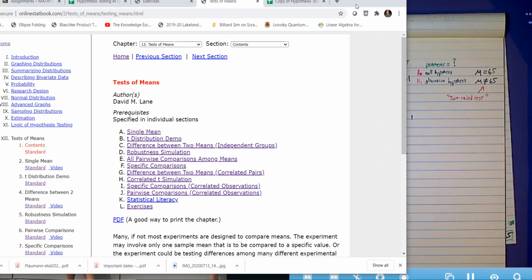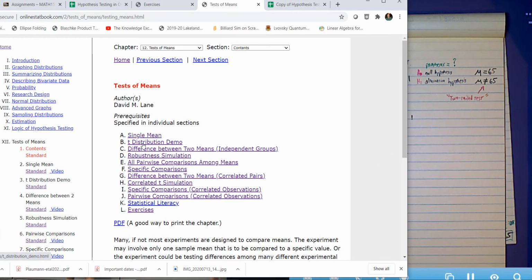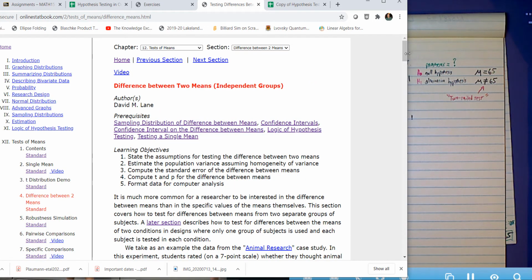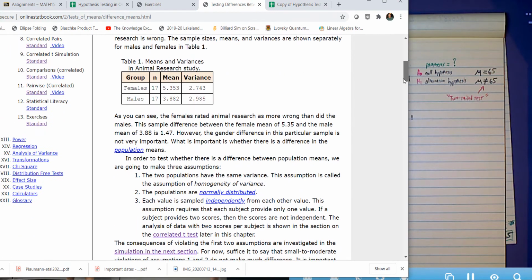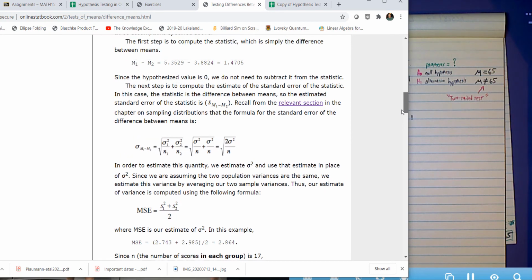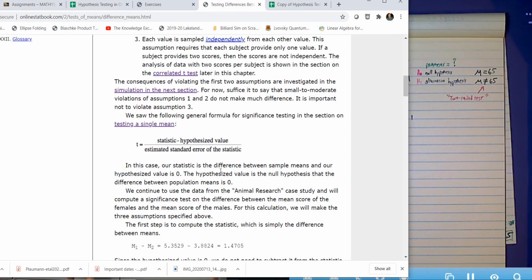So I think I'm going to take you right to this. Well, maybe I'll go to difference between two means, even though we're not there yet. I just remember it has the formula that I think is really important. It's this idea right here.